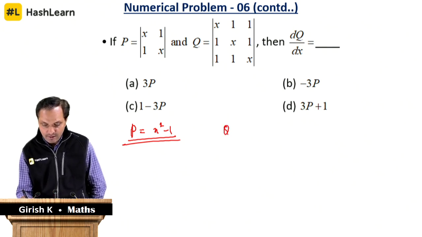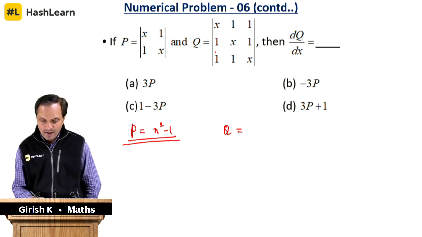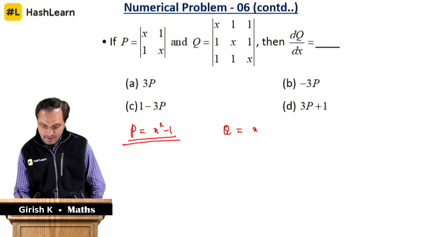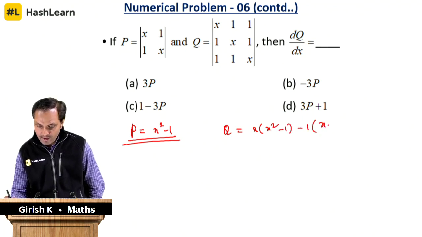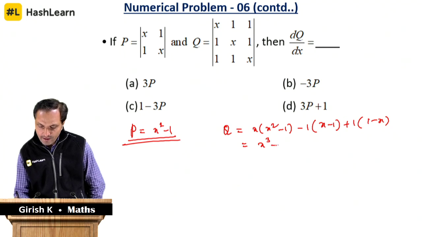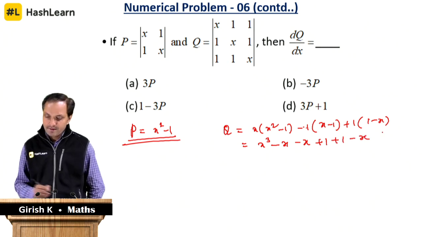Let us solve what is Q. Q is the determinant of a square matrix 3 cross 3. Let us simplify this. x into the determinant of this, x square minus 1, into x minus 1, plus 1 into 1 minus x. That will give you x cube minus x plus 1 minus x.